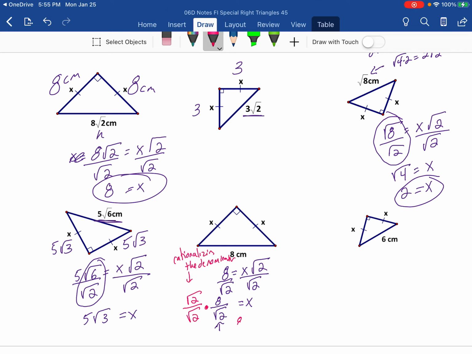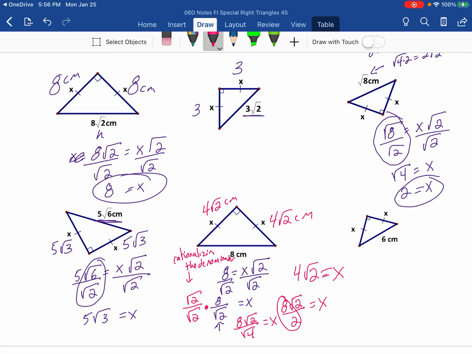When I multiply across, I end up with 8 radical 2 over radical 4, which is going to be 8 radical 2 over 2, which is much nicer, and 8 divided by 2 is 4. And so this is equal to x. So this is going to be 4 radical 2 centimeters.